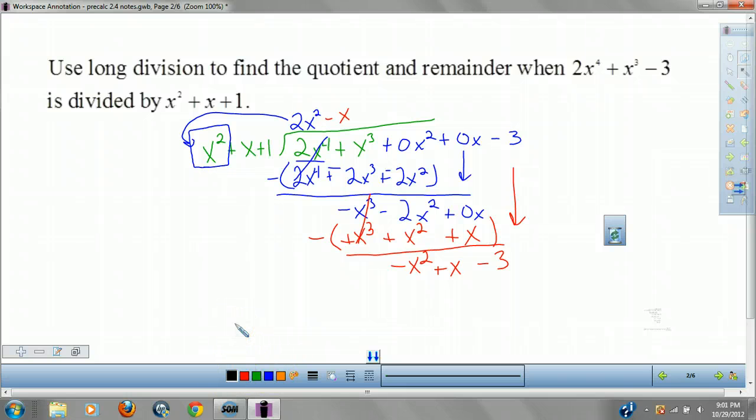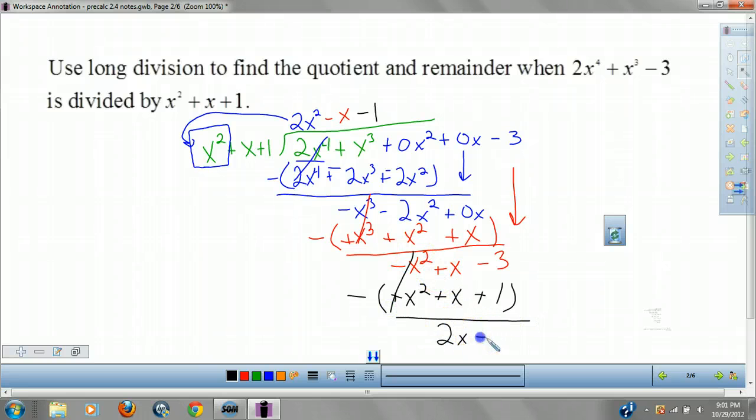Okay. How many times does x squared go into negative x squared? Well, negative 1 times. So negative 1 times x squared is negative x squared minus x minus 1. Flip my signs. These cancel. I get 2x minus 2.